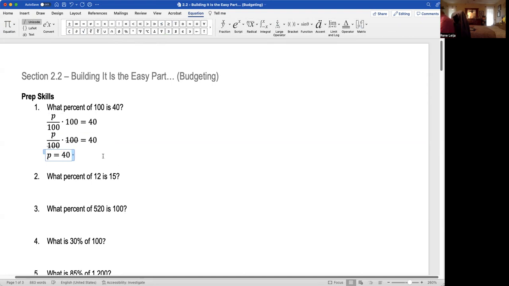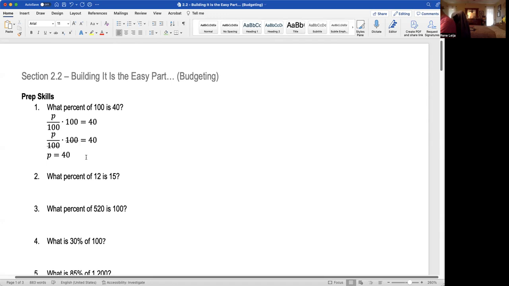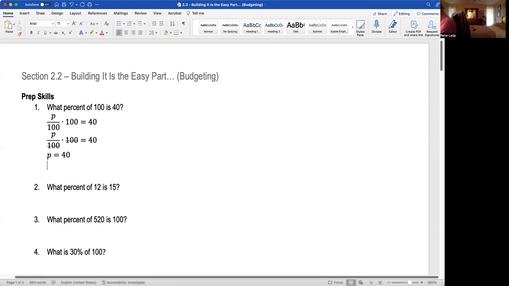So what percent of 100 is 40? Well, I'm looking for the percent, P over 100. So that means that my percent is going to be 40%, because I'm P over 100. That's what I'm looking for. So it's just going to be 40%.